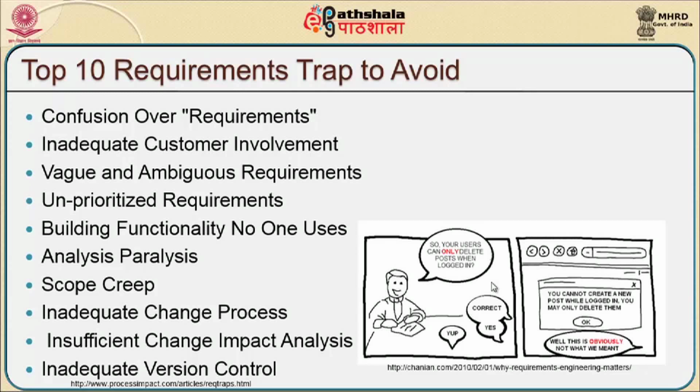They don't have priorities set for the requirements, so it becomes unprioritized requirements. There is building functionality which no one uses, analysis paralysis, no scope for improvement, an inadequate change process, insufficient change impact analysis, and inadequate version control. These could be the major traps with respect to the requirements engineering phase.